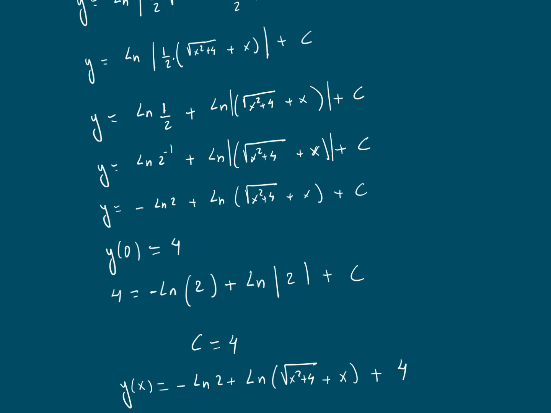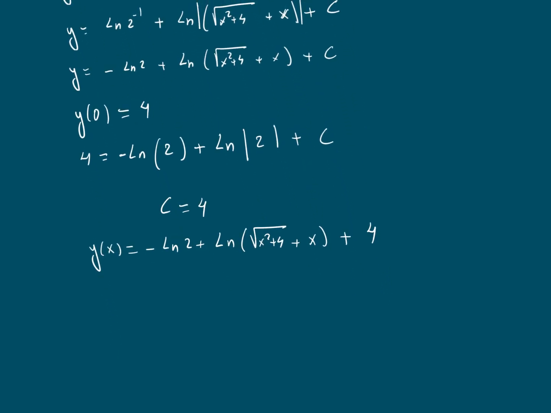So we're plugging in 4, x equals 0, so square root of 2 plus 0 plus c. And this allows me to find the c. The natural log of 2 will cancel with the minus natural log of 2, then the c will be 4.